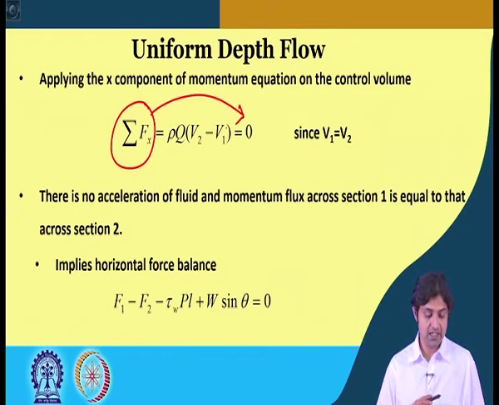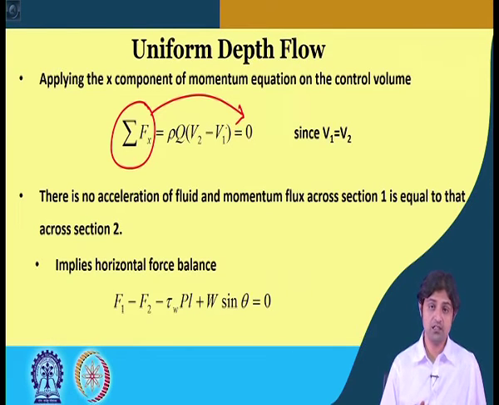So, simply writing F1 minus F2, F1 is the hydrostatic force from section 1, F2 is the force from the other side, that is section 2, all right, because the force acts normal. So, it will be in the opposite direction at F2. If the shear stress at the bed is tau w, that will be acting against the flow. So, it will be in the negative direction, and the weight component of W sin theta will be in the x direction, and that will be towards the flow direction.